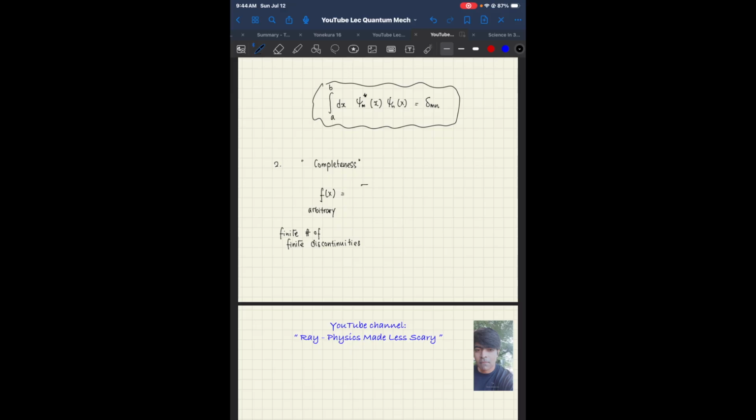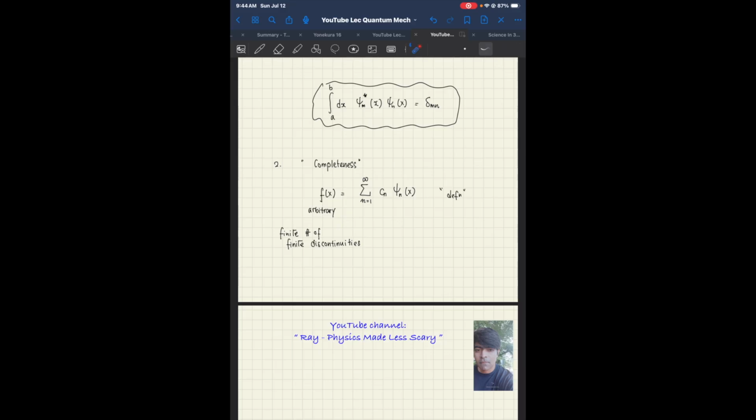The definition of completeness is that for some C n, this function can be written as a linear superposition in this manner. And this is the definition of completeness.